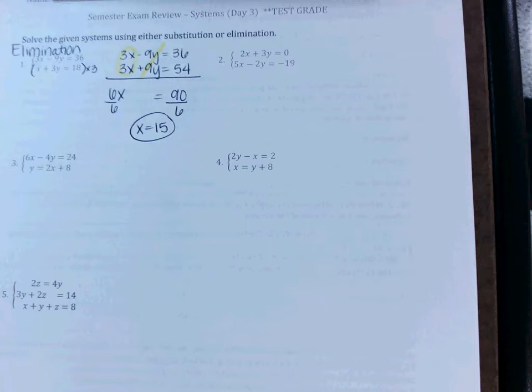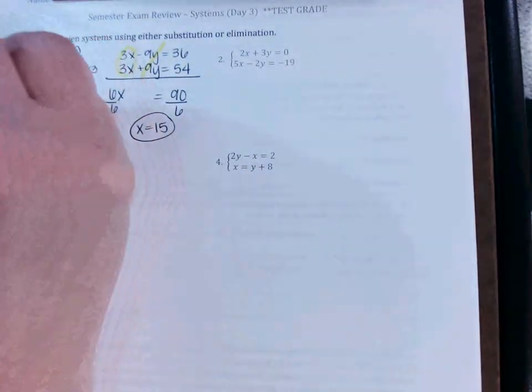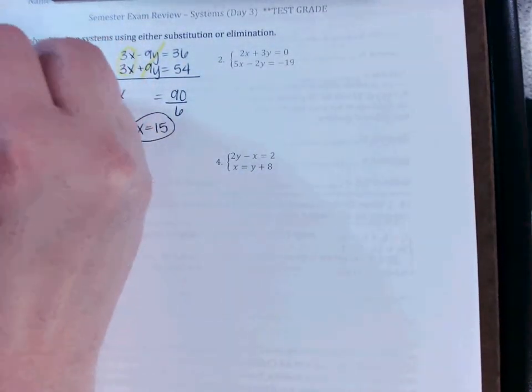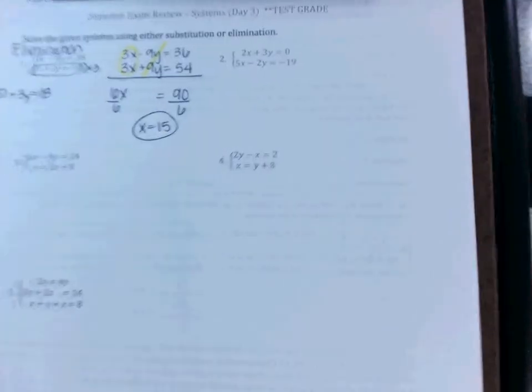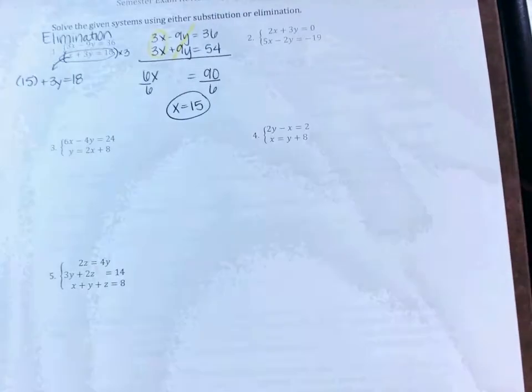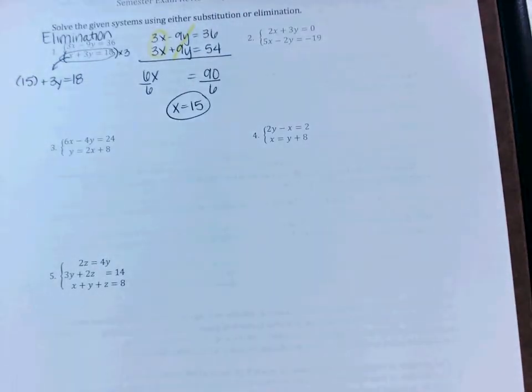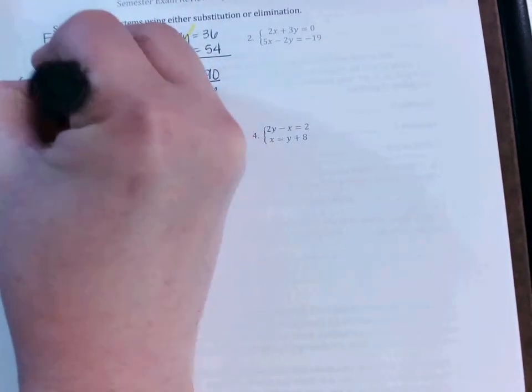So I'm going to do it on the bottom one, but you could do either one and it would be fine. So if I come back to right here, I'd have 15 plus 3y equals 18. Oops. 15 plus 3y equals 18. And then from there, if it's a plus 15, I'm going to minus 15 off both sides. What's 18 take away 15?